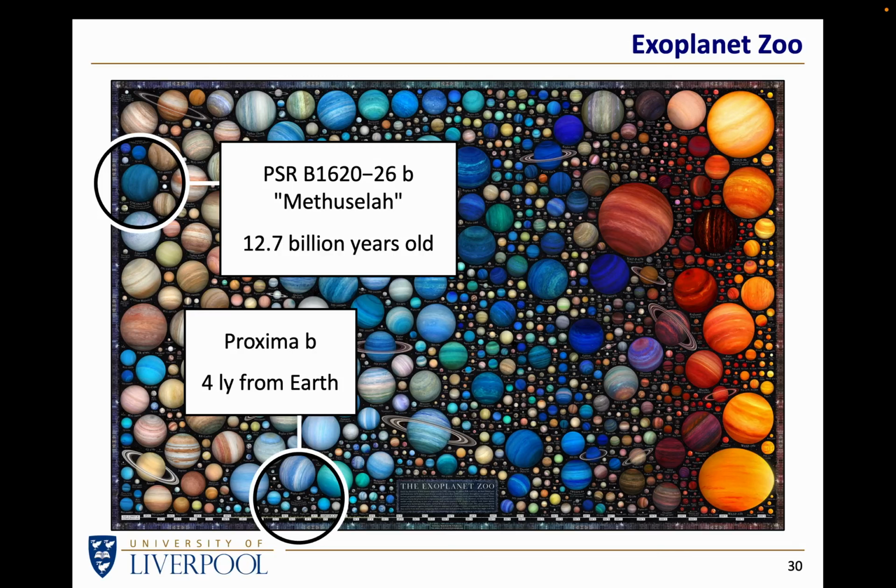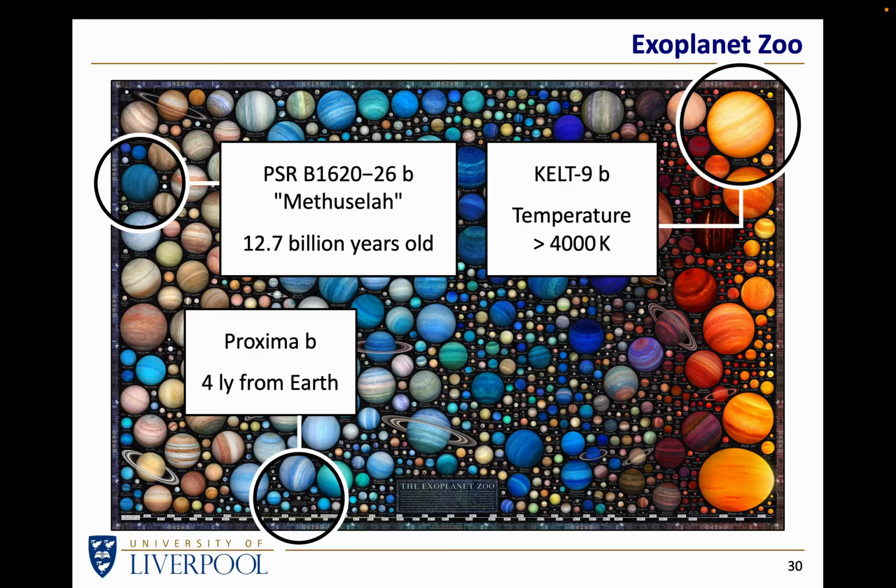Over on the right-hand side of this diagram, that's where the hot planets exist, generally hot simply because they are closer to their host star. The one in the top right there has a temperature of a rather balmy 4,000 Kelvin. It's rather difficult to imagine any planet with a surface temperature close to 4,000 Kelvin. It is presumably that temperature just because it is sitting only a few million kilometers or so from its host star.